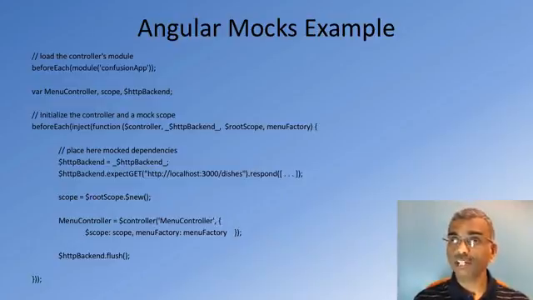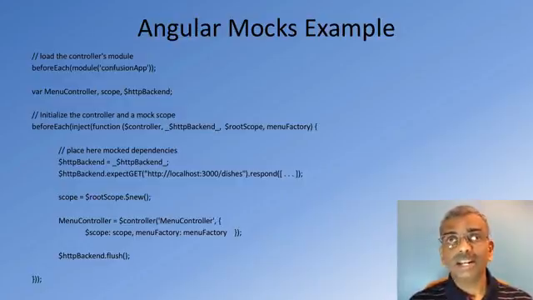This is where we are specifying all the modules on which this particular controller is dependent. For the menu controller, we already know that it needs the scope and the menuFactory to be able to function correctly.